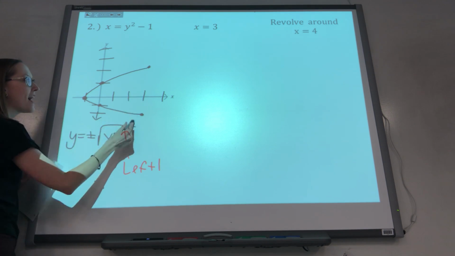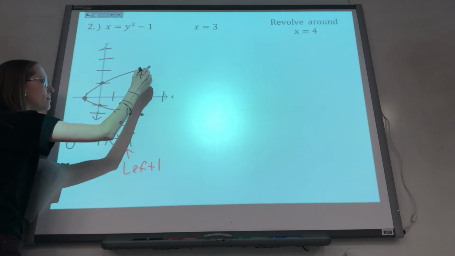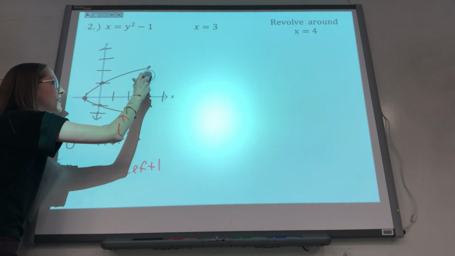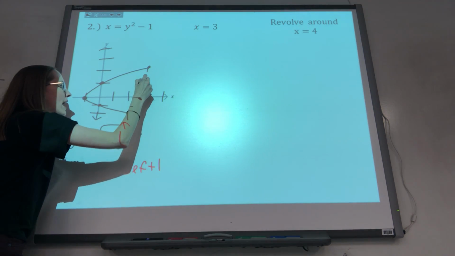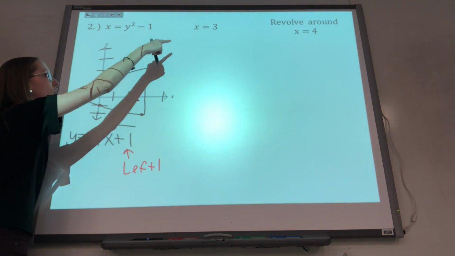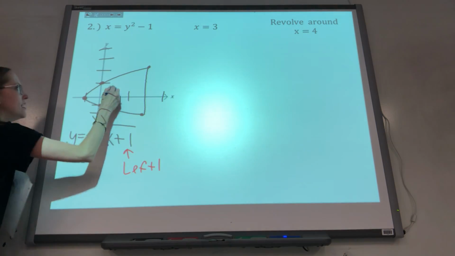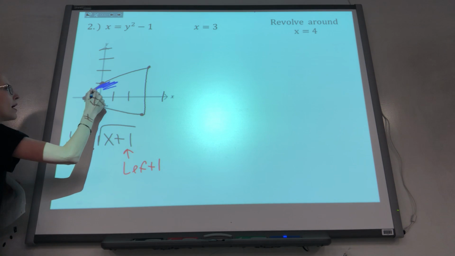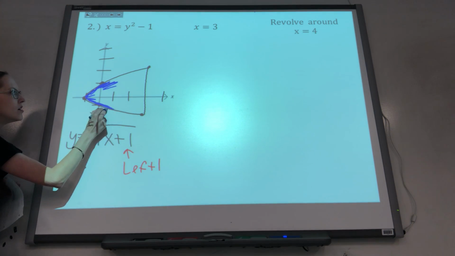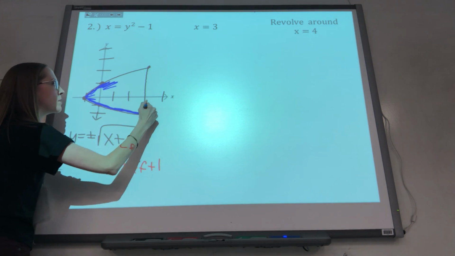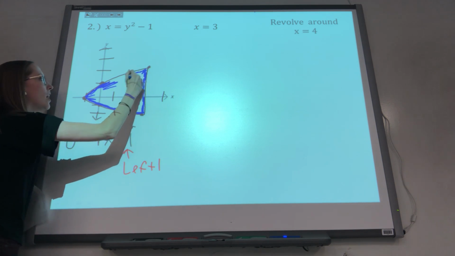I cut it off at x equals 3 because I can already tell that since I have a vertical line at x equals 3, this is going to be my bounded region. This is what I'm going to have to spin around.